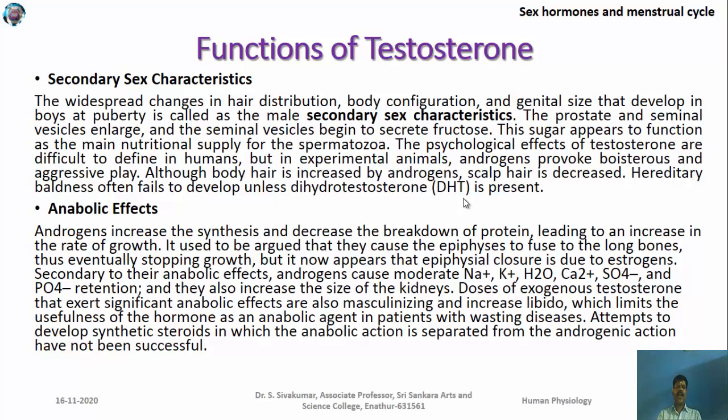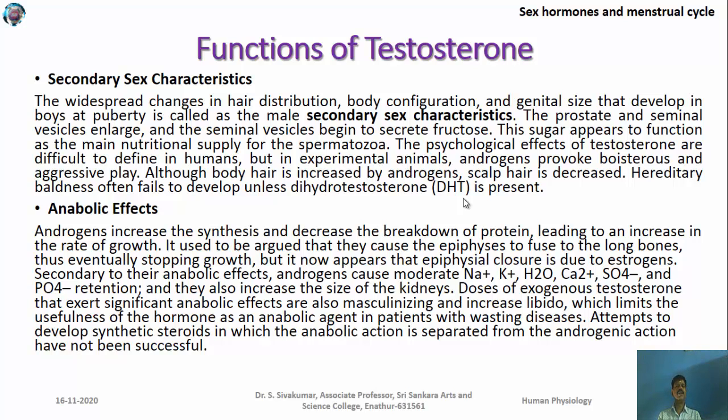Then, like estrogens, which are responsible for the secondary sexual characteristics of a female, testosterone is responsible for the secondary sexual characteristics of a male. The increase in genital size and variation in hair distribution and body structure are all achieved in a male with the help of testosterone. A male is a muscle-rich person, so the increased size of the muscle is all achieved by testosterone.